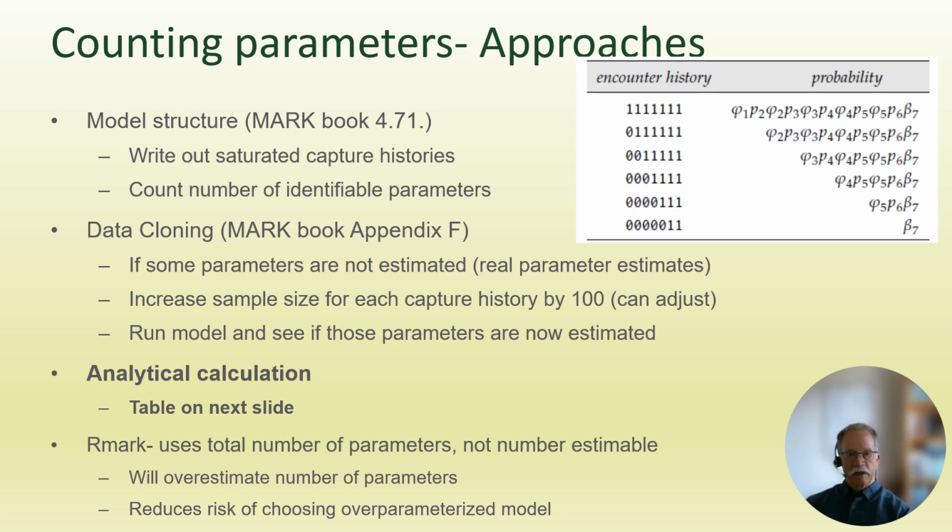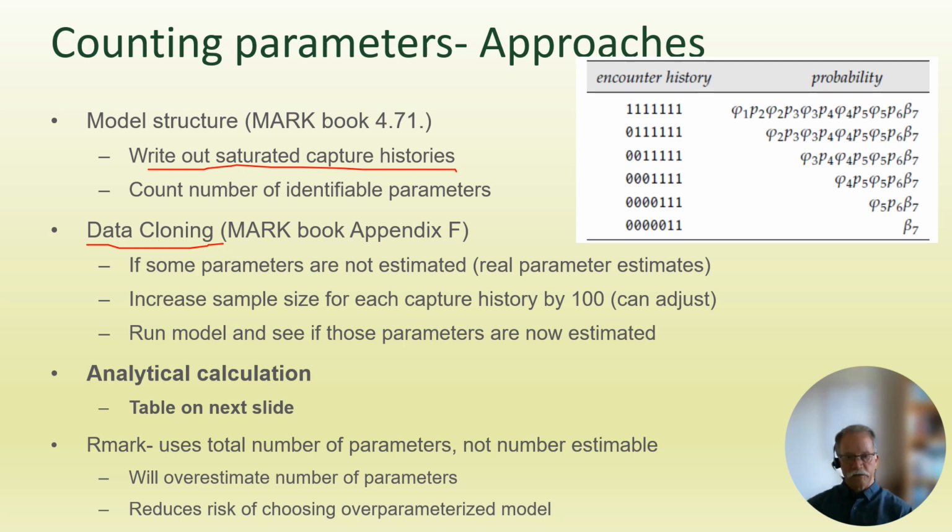Again, just going over the approaches to counting the number of parameters. You can write out the saturated capture history as discussed in the Mark book. One thing I didn't mention last week, and again, this just gets into a lot of the weeds, is an approach called data cloning, where basically you take the same capture history information that you have, but you increase the sample size associated with each one of those capture histories.